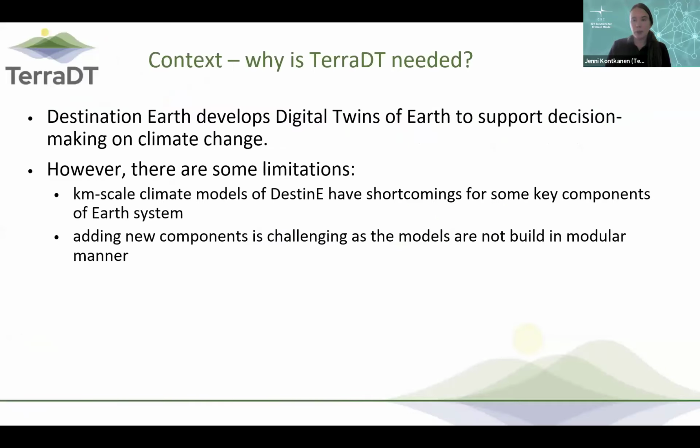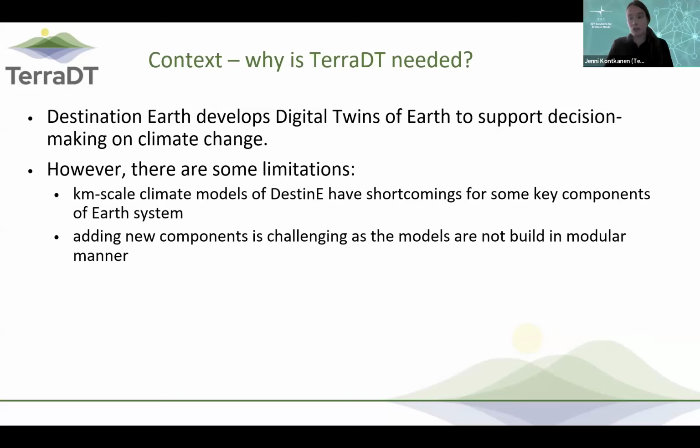I will start with a brief background. As we already heard from Marco's very nice presentation, Destination Earth is a European Commission initiative that develops digital twins of Earth with the goal of supporting decision-making on topics such as climate change. However, there are some limitations regarding how well Destination Earth can support climate adaptation efforts.